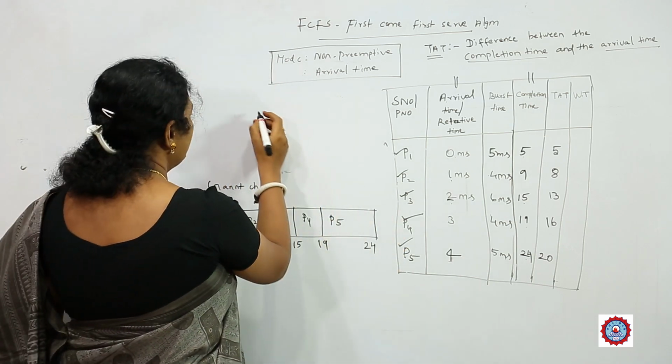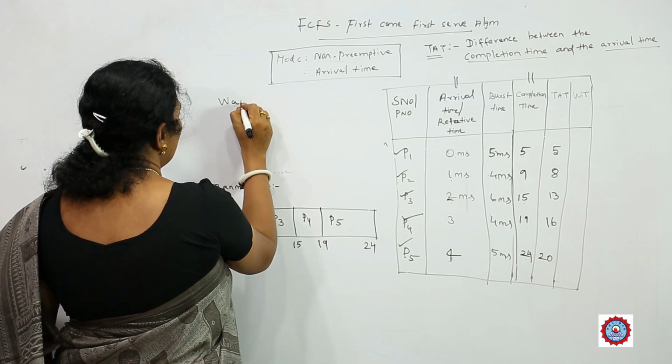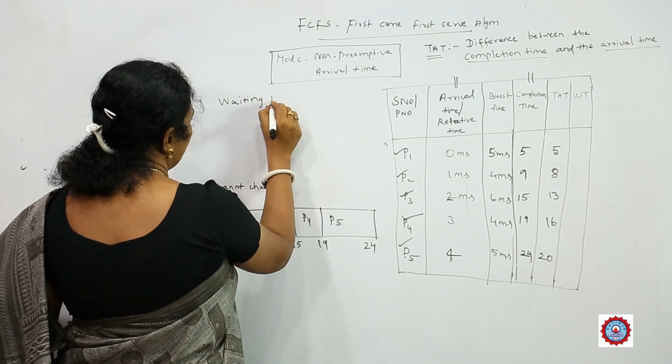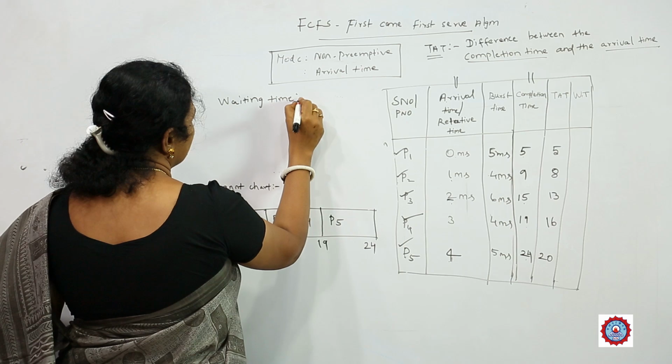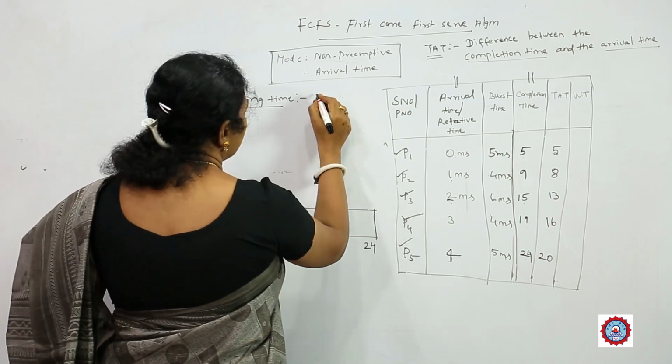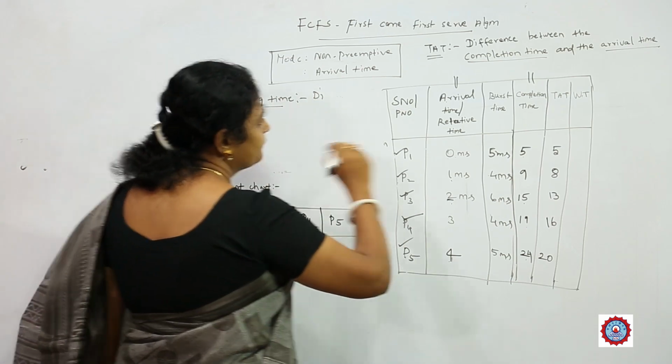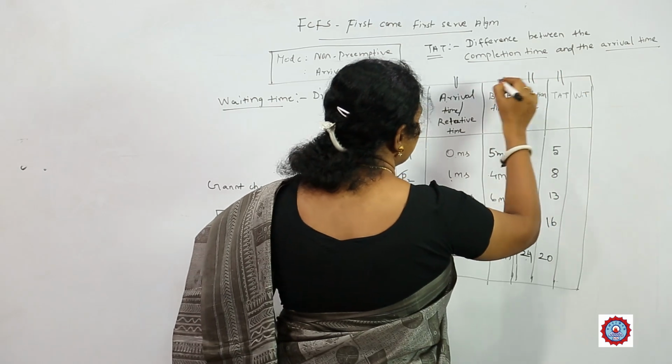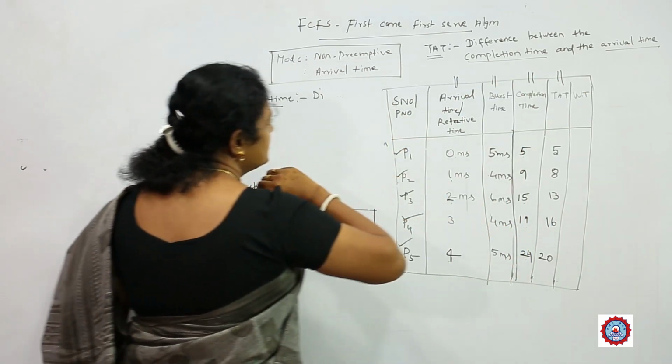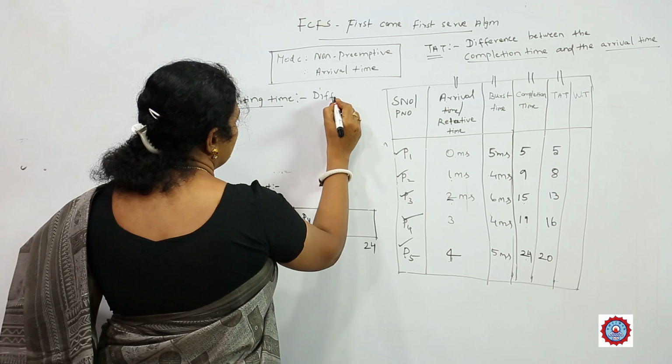Then waiting time. How are we going to calculate the waiting time? The difference between the turnaround time and the burst time denotes the waiting time.